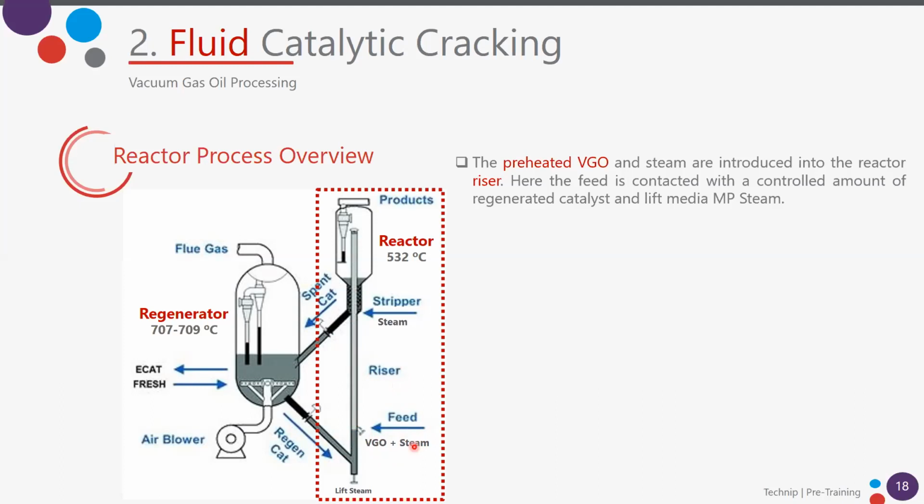It is called the atomization steam, for a better injection of the feedstock in the riser, to create fine droplets.